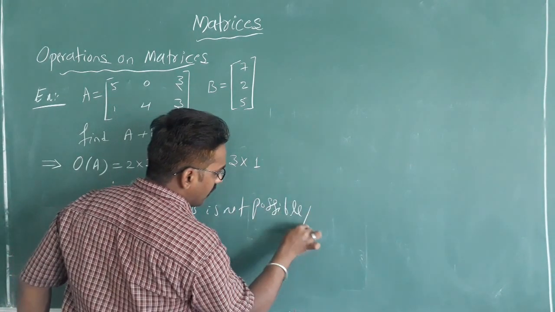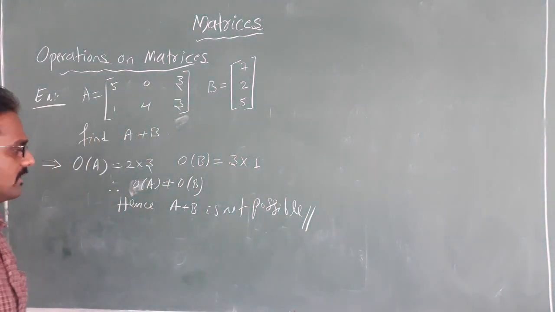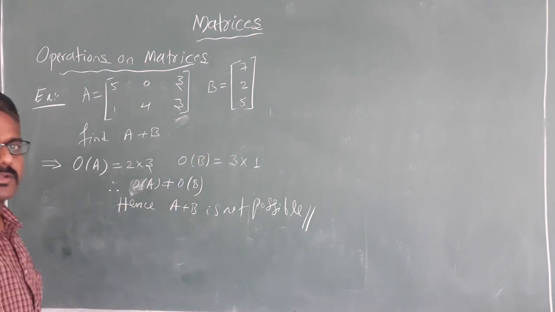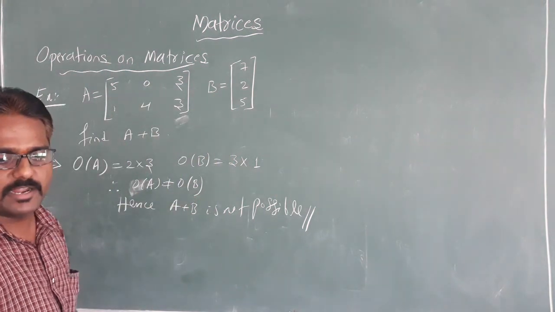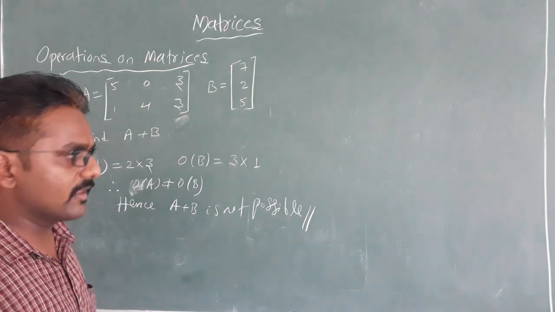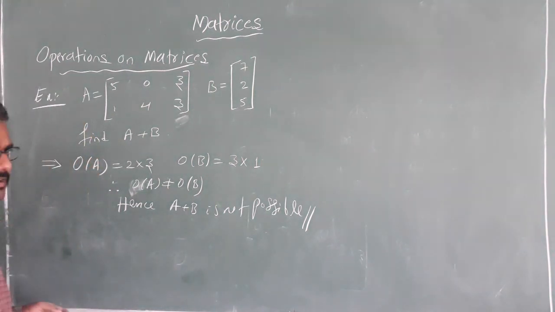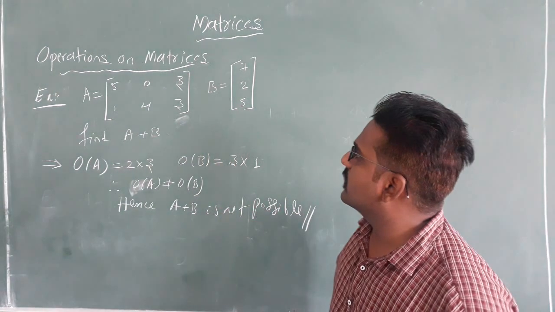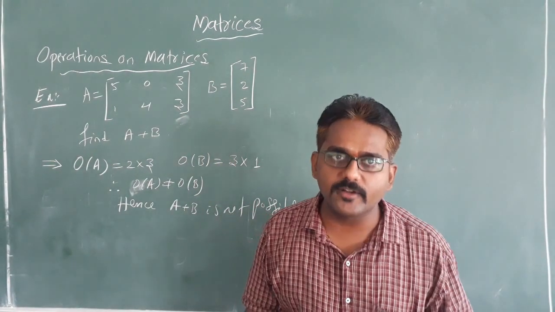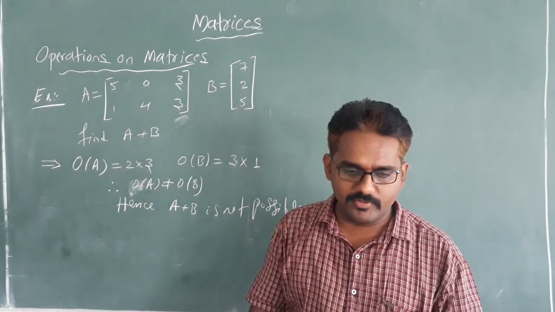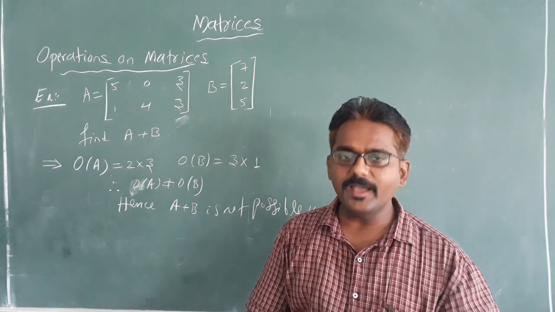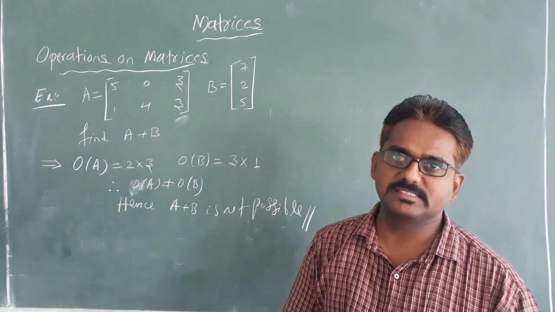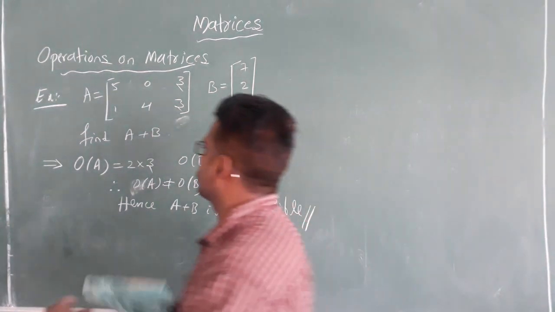Why? The orders of the given two matrices are different. If the given two matrices are of different order, then we can't add both matrices.